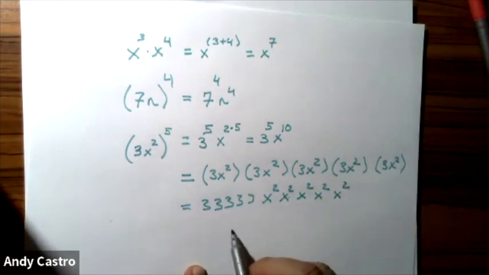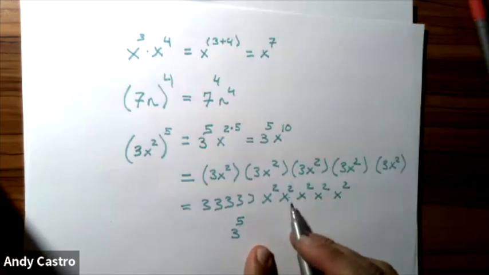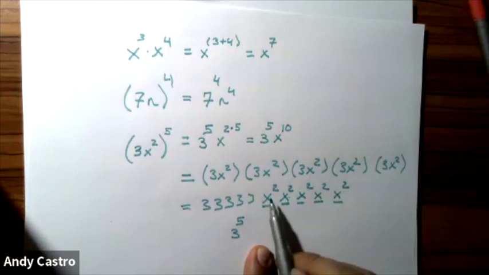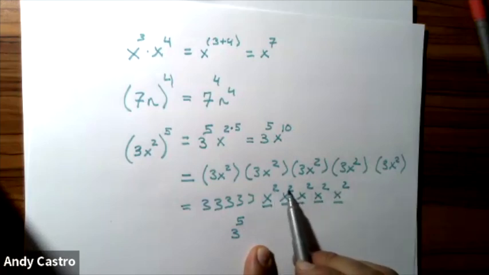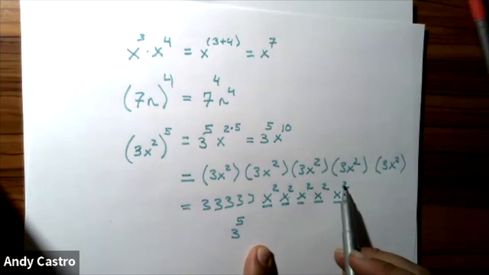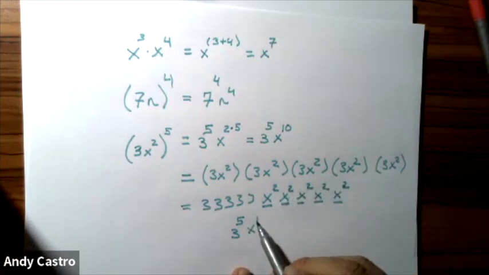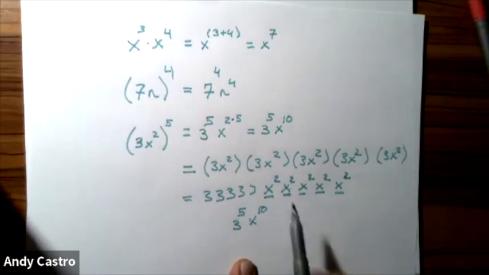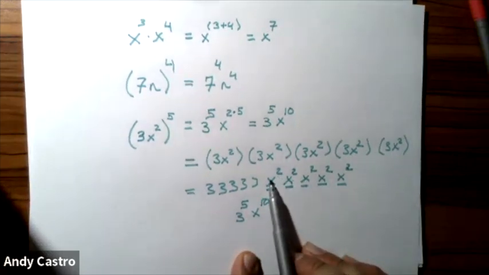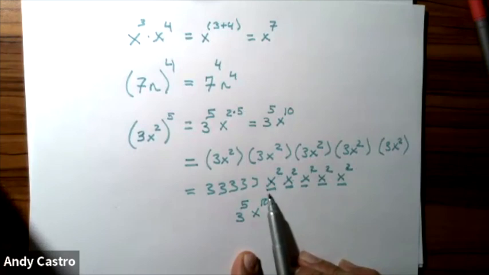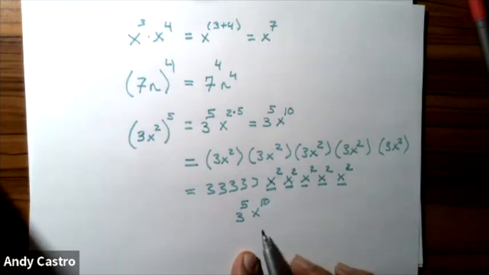Your 5 3's together is pretty easy, 3 to the 5th, but your x squareds have the same base, so we can add up all of these exponents: 2 plus 2 plus 2 plus 2 plus 2, 2, 4, 6, 8, 10. You could even go further: take this x squared and make that 2 x's, and count up all of your x's, and you would have x to the 10th.